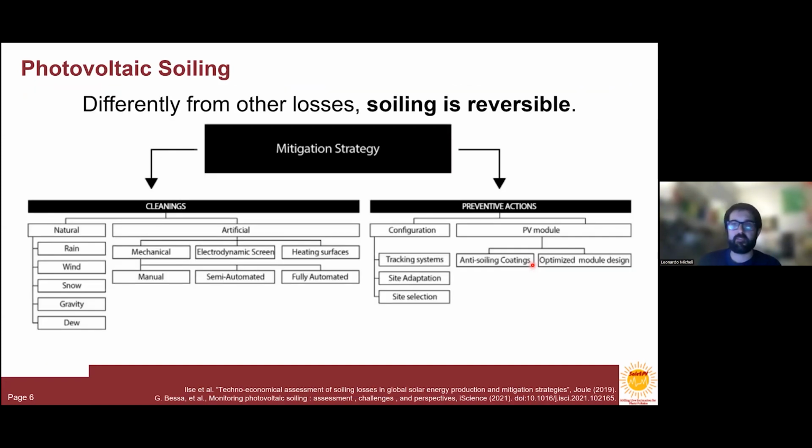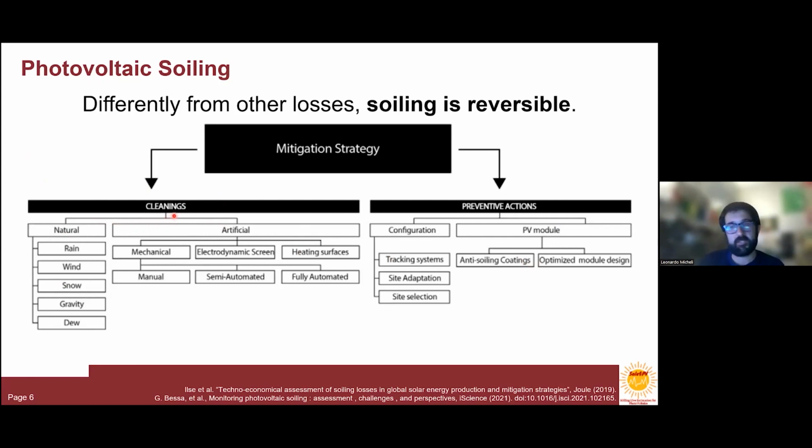However, what makes soiling particularly interesting, at least to me, is that it is a reversible loss. Differently from several degradation mechanisms, soiling is reversible. So we can take action to correct soiling, to actually remove soiling that has accumulated on the PV module. This is typically done through cleanings.